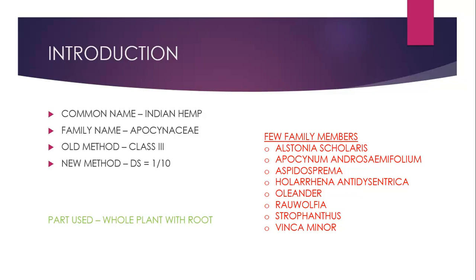So a few family members that you have to remember in Apocynaceae. Not everything is from keynotes. You have a lot from boric side. You have Alstonia. You have another variant of Apocynum. You have Asclepias, which is pretty much familiar to all. Holarrhena antidysenterica, Oleander, Rauwolfia, another remedy.